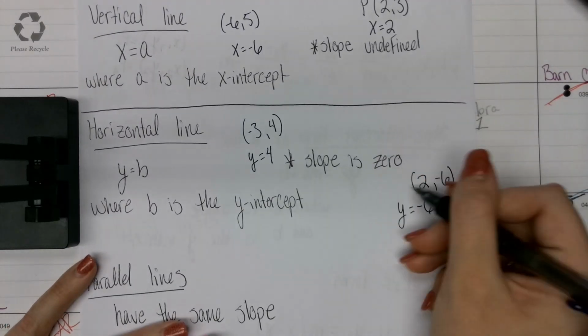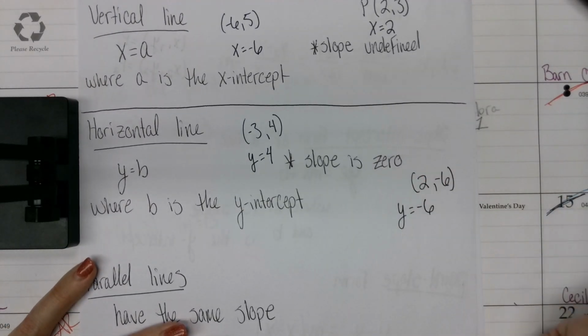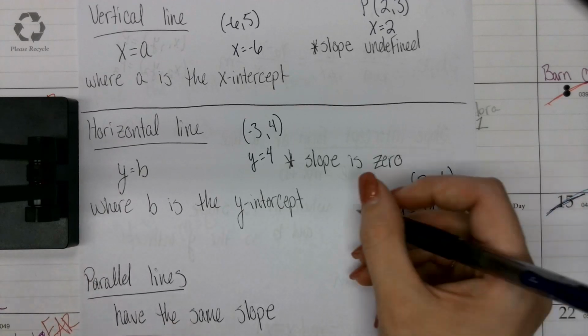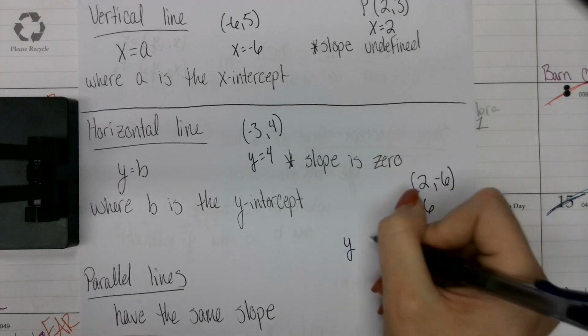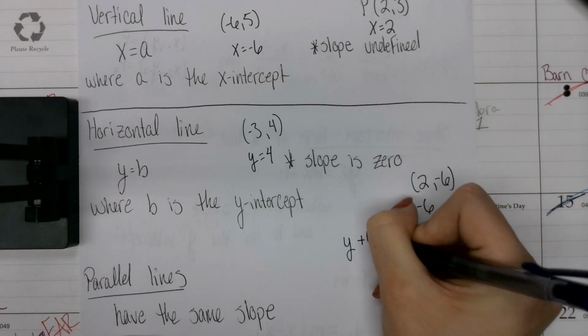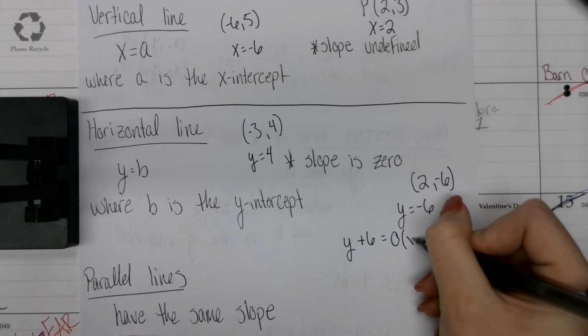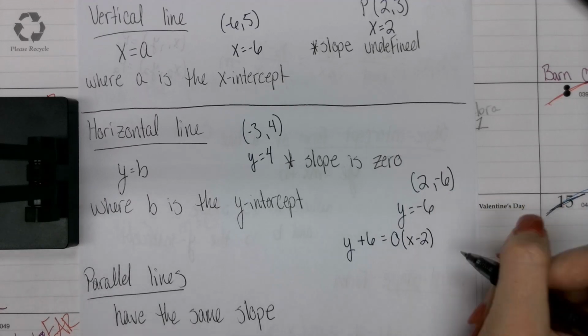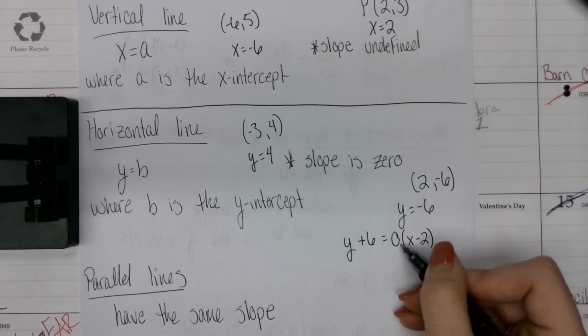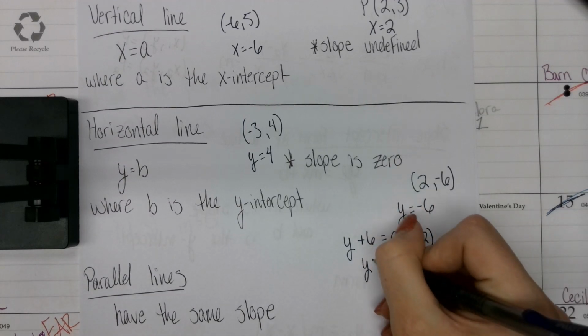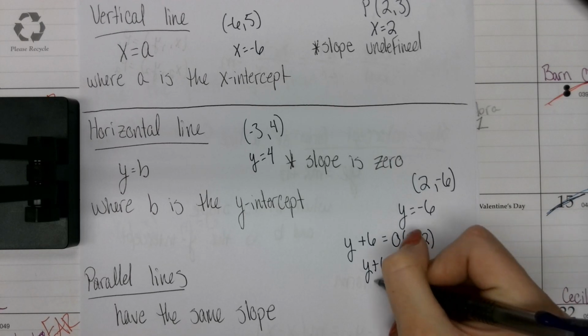But if you didn't remember that, you could also work out the point slope form. So we'd have y subtract -6 equals slope 0 times x subtract 2. And that's the point slope form of an equation. 0 multiplied by all that is 0. So we'd have y plus 6 equals 0.